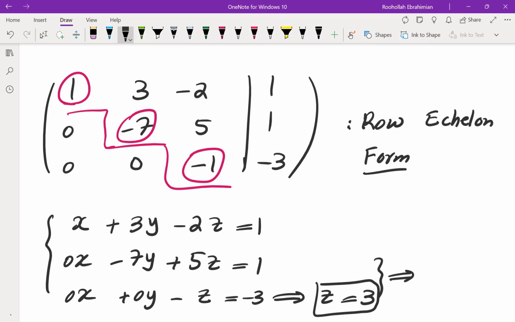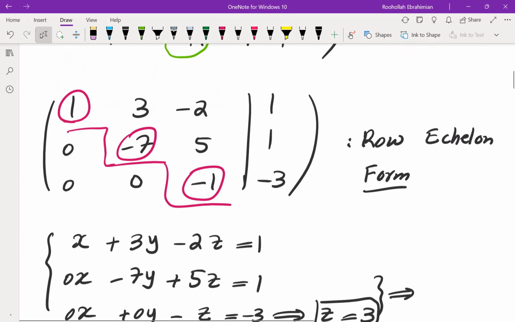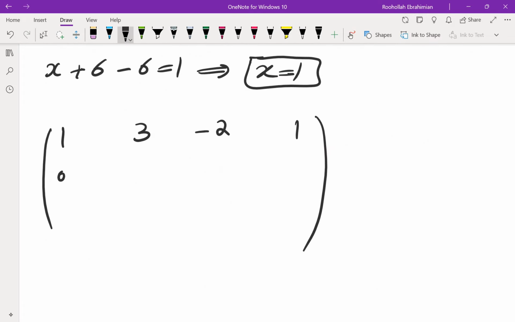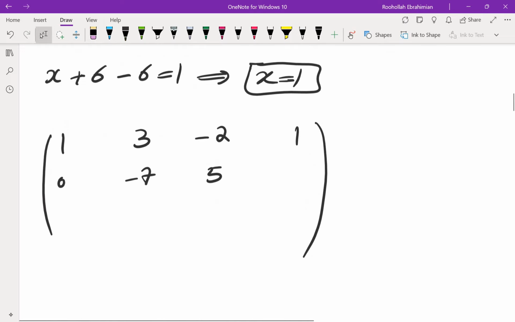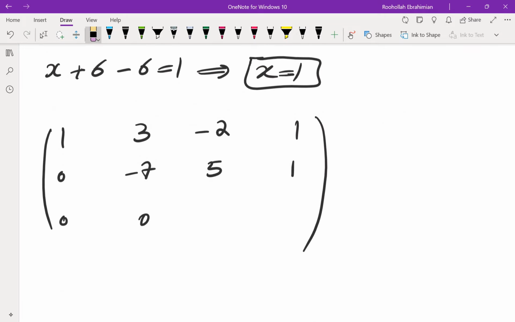Now, starting from this matrix, you can also do more operations to make this a little bit simpler. So I'm going to start from the matrix that I had, 1, 3, negative 2, 1. Then I have 0, negative 7, 5, and 1, and then 0, 0, negative 1, negative 3.